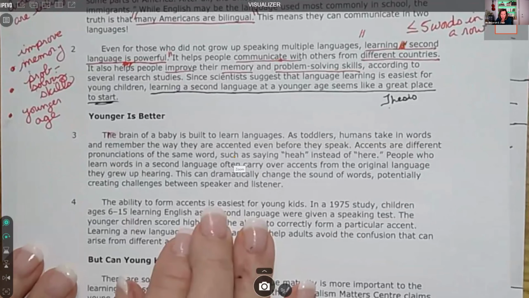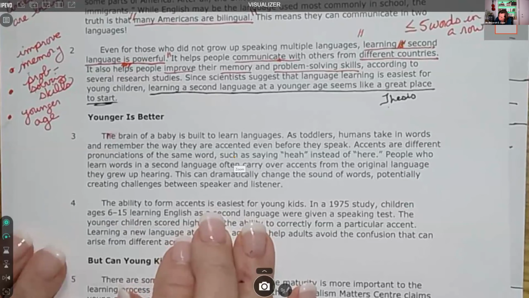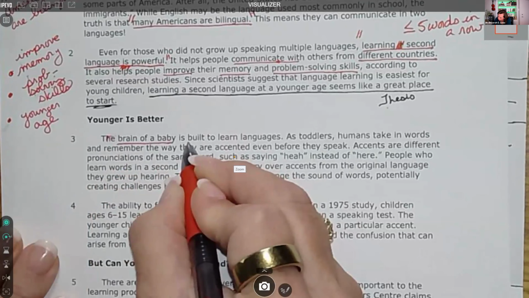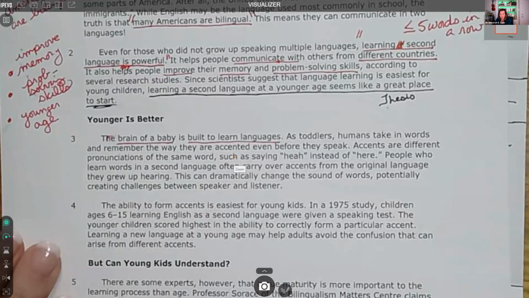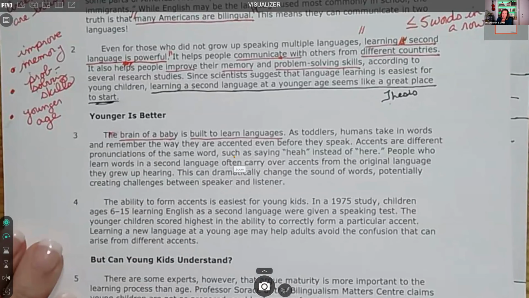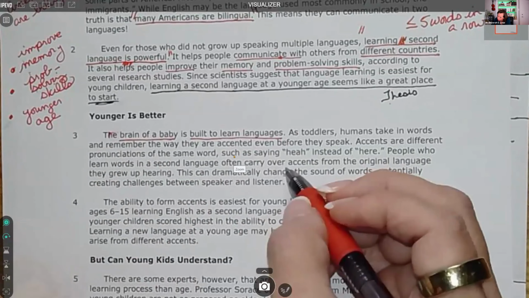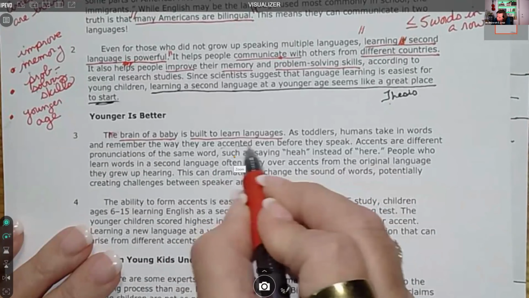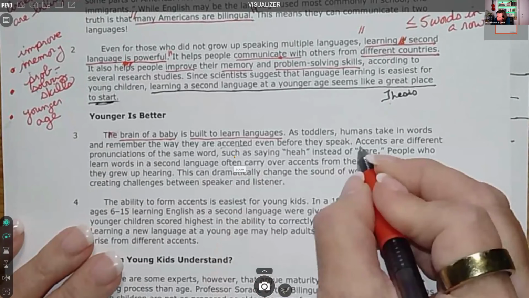And then when we get to the brain of a baby is built to learn languages. So the brain built to learn languages. As toddlers, humans take in words and remember the way they are accented even before they speak. Accents, okay, I'm talking to my kids right now. Students, when you see the repetition of a word, that means it's important.